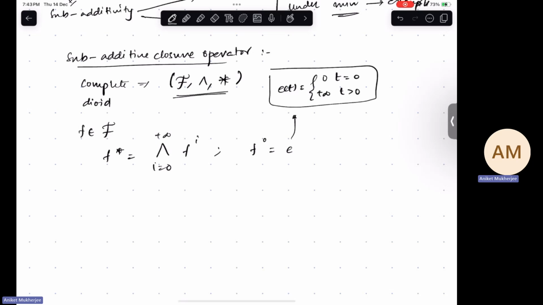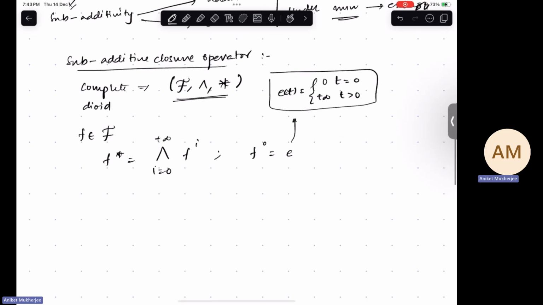This function is the unit function. If you perform convolution of any function with e, you will get that function back.